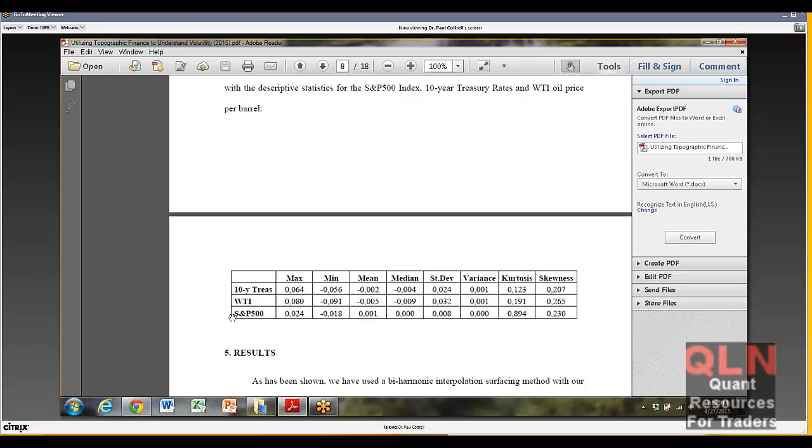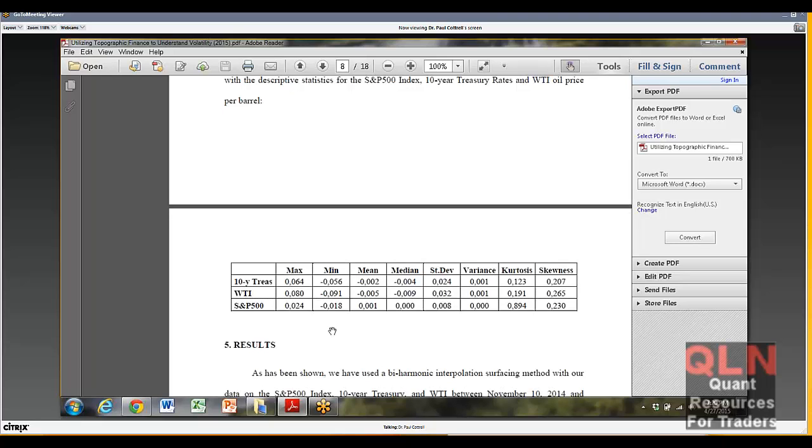So here you can interpret for the S&P 500 the max log return, 0.024, minimum, max, min, mean, median, standard deviation, variance, the kurtosis, the skewness, to understand the actual data sets before they were surfaced.